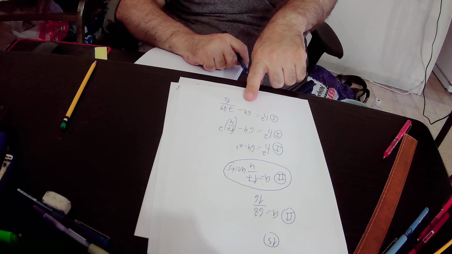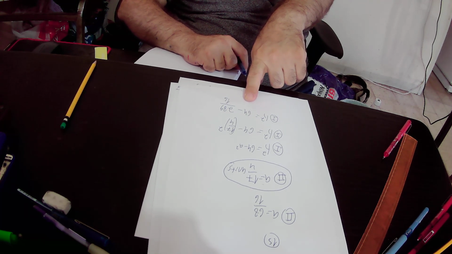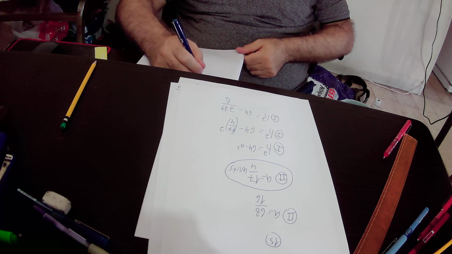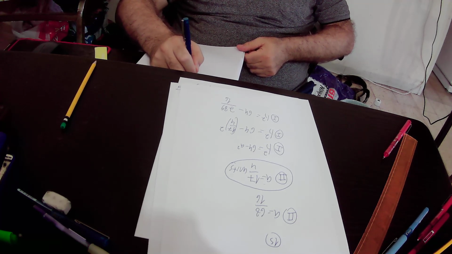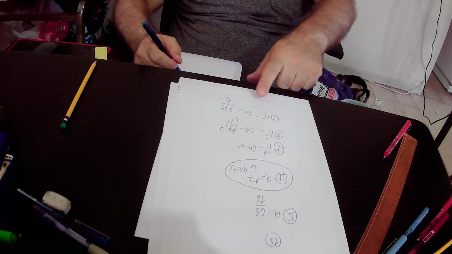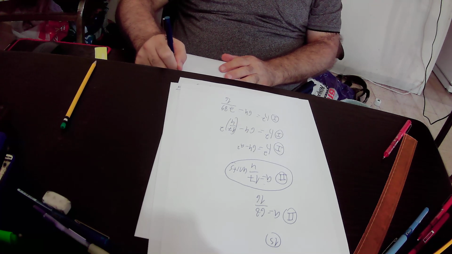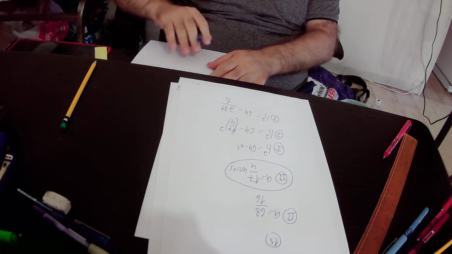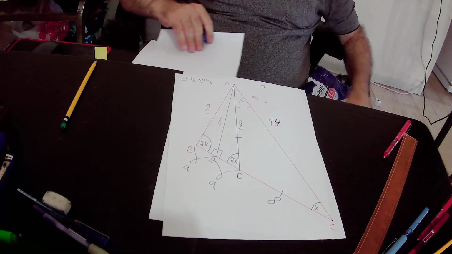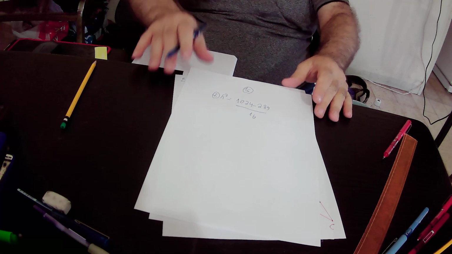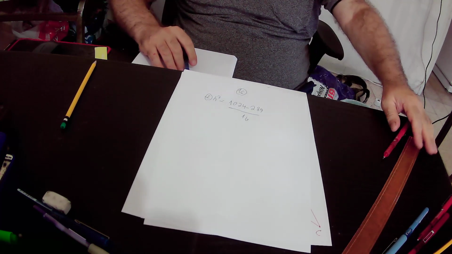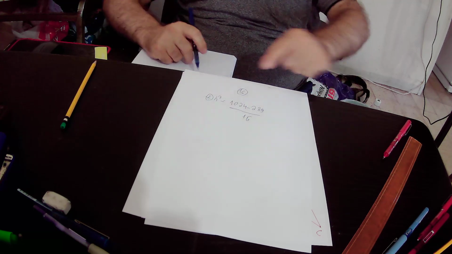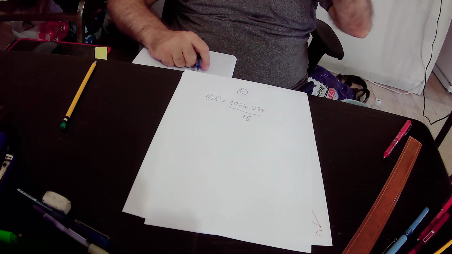So here we will multiply 64 by 16 and then divide it by 16, and we will get that H squared equals 64 times 16, which is 1024, minus 289 over 16. 1024 minus 289 is 735.